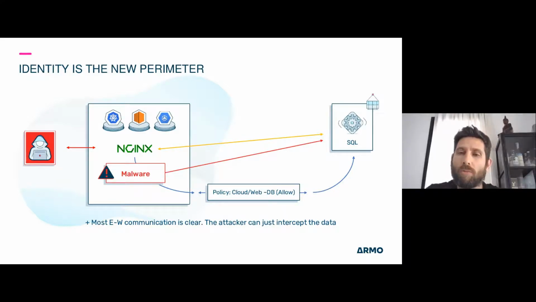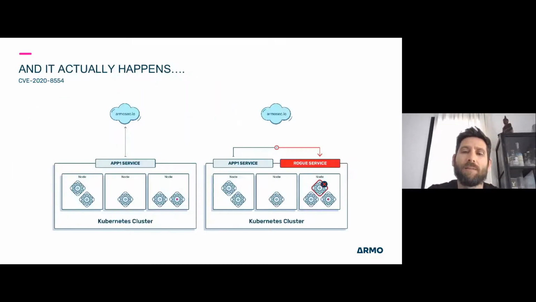And now I know that 90% of the people think, hey, but there is Istio. Oh, sorry, before that. If you think that it will never happen, actually a year ago researchers found a vulnerability in Kubernetes allowing someone that enters your cluster and has the ability to create services, to create a rogue service and then route your traffic to the rogue service.